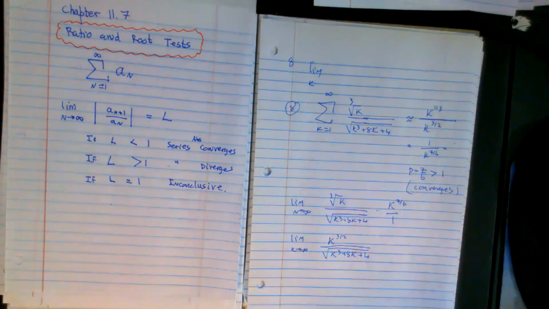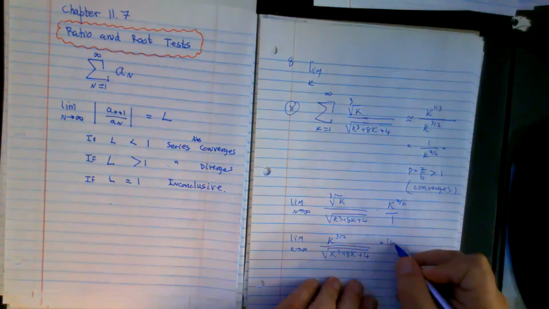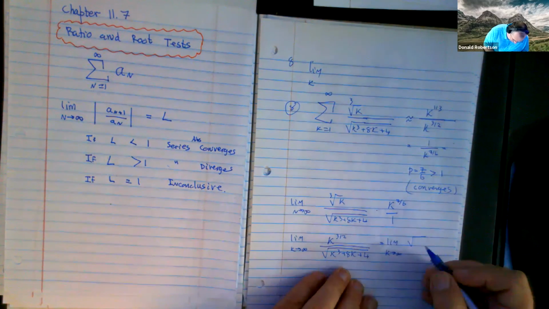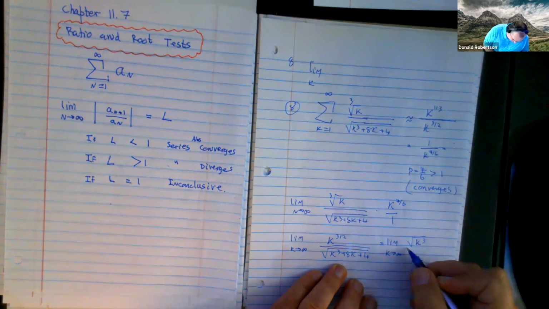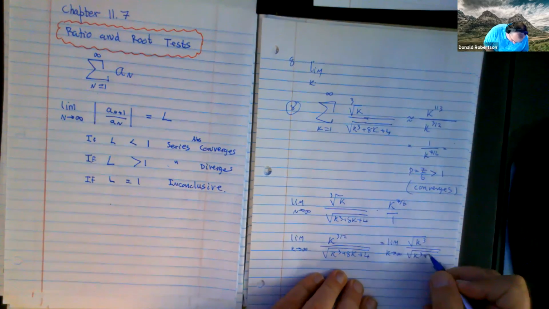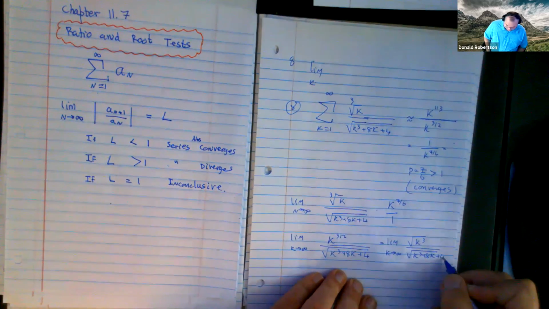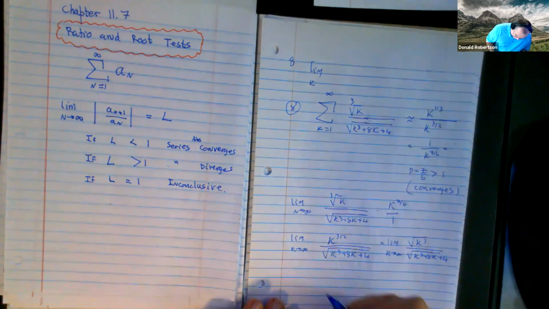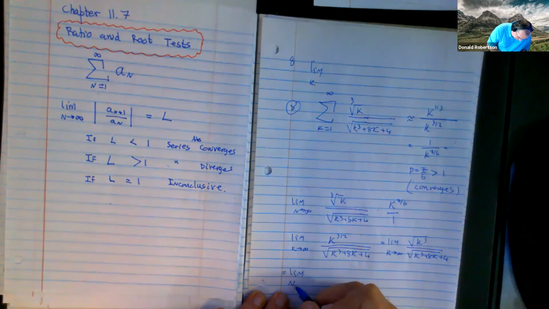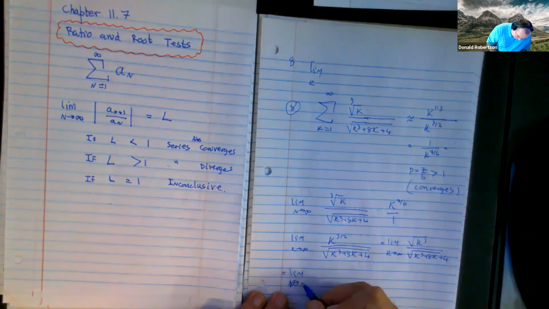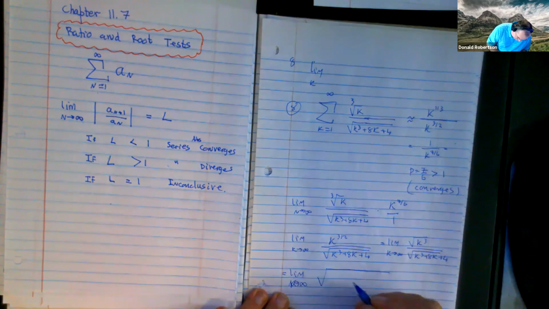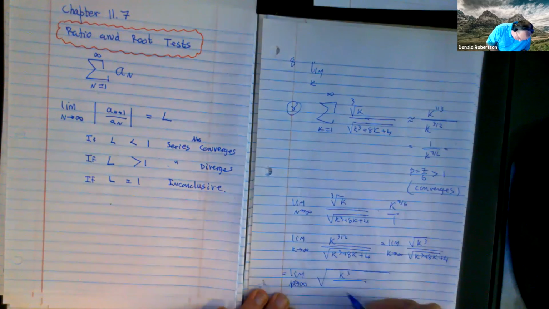Now I'm going to call that guy the square root of k cubed over the square root of k cubed plus 8k plus 4. This isn't the only way of doing it, it's just the way my brain is working. And now since they're the same thing, can't I just do a single square root that looks like that?